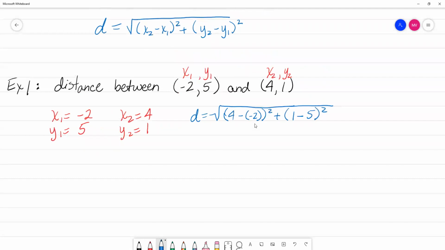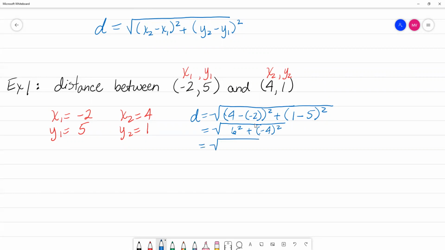This explains our lesson opener because we have some negatives going on here. Okay, so our first one, let's simplify. 4 minus a -2 is 4 plus 2, so that's 6 squared. And 1 minus 5 is -4, but -4 times -4 is a positive 16. Well, I'll get to that in a second, but it's still -4 squared.